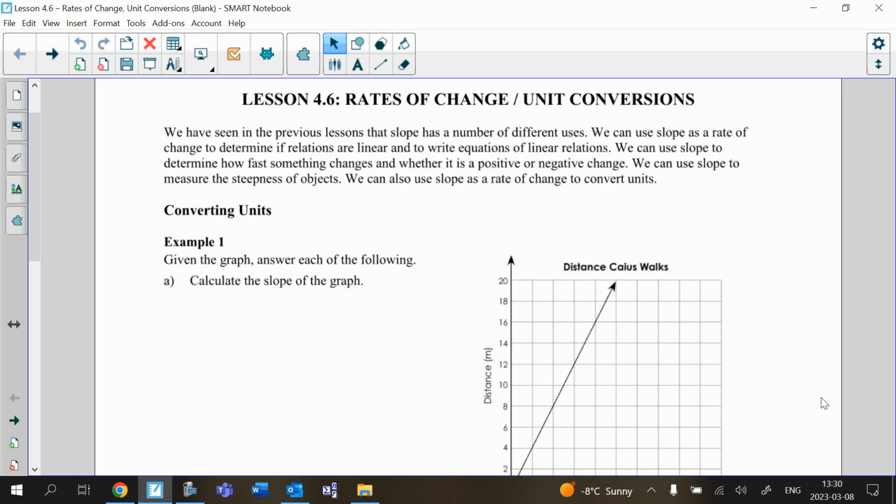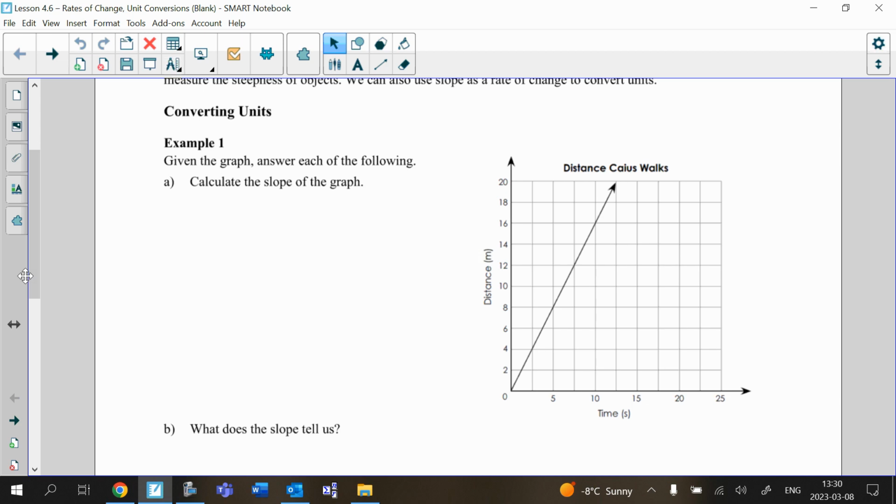Okay, so I just want to look at a few examples and show you a way. Sometimes it's pretty easy to convert units. Sometimes it's a little harder because you don't know whether to multiply or divide.